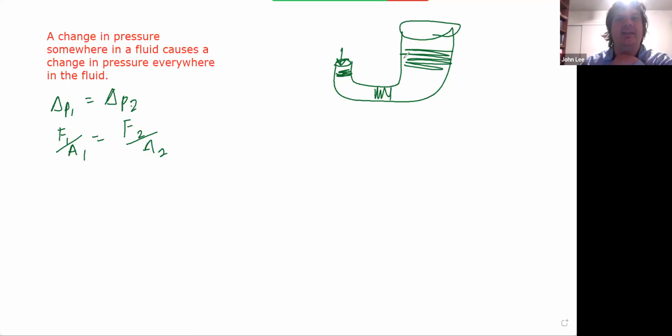And then that extra force is going to be greater as you have the greater area. So this is called the hydraulics equation, in addition to whatever principle I'm forgetting right now. But this is how hydraulic lifts work.